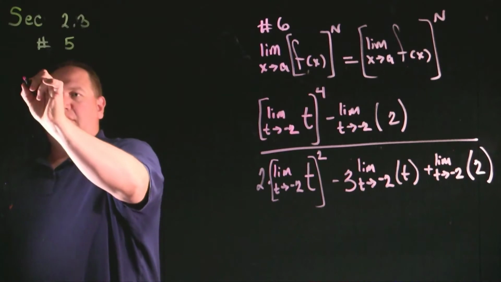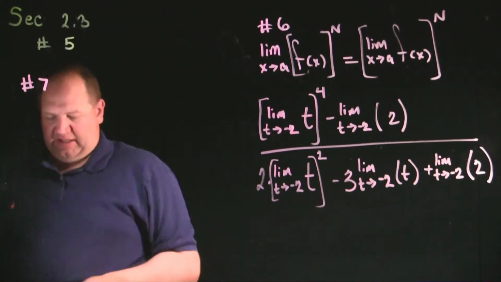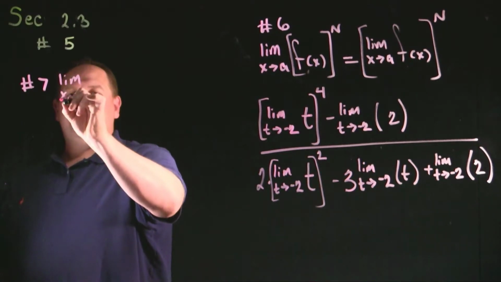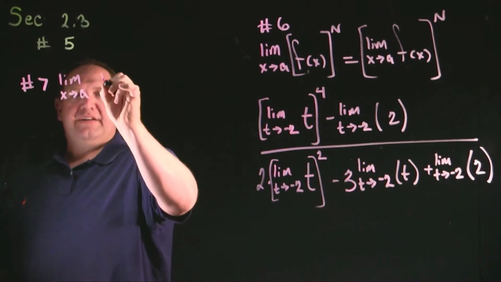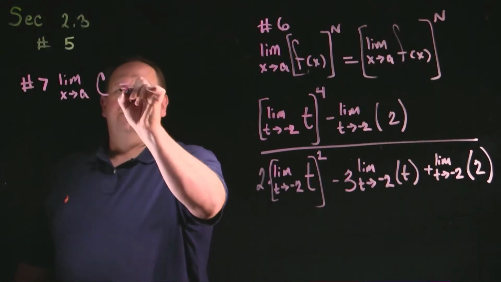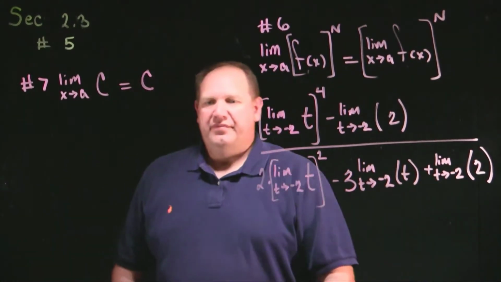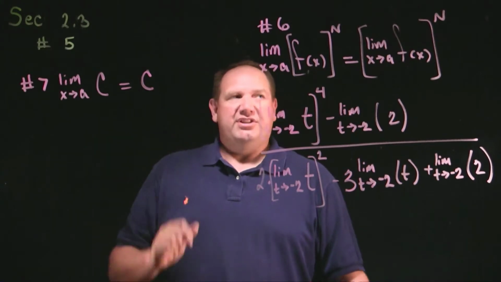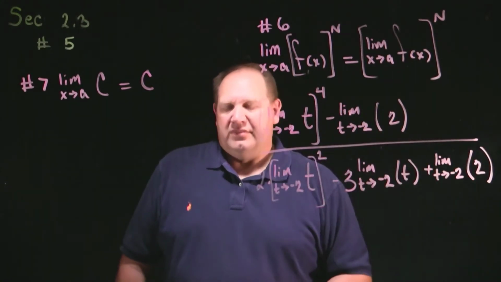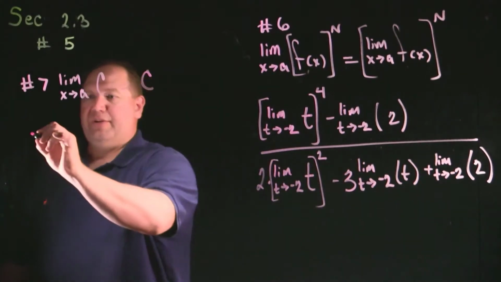Okay, so limit law number 7. Limit law number 7 says the limit as x approaches a of some sort of constant is equal to the constant itself. And we're going to apply limit law number 7 to this limit and to this limit. Then we also have the situation for limit law number 8.